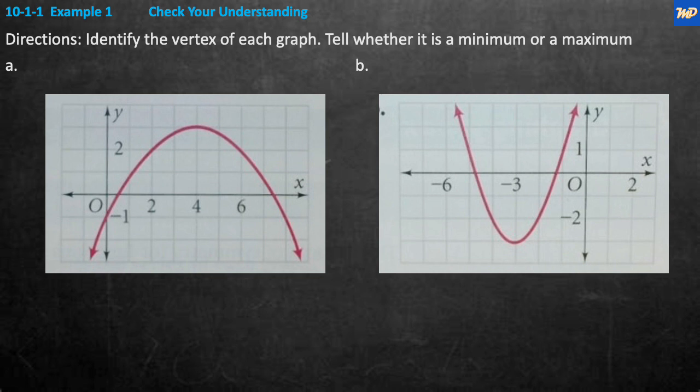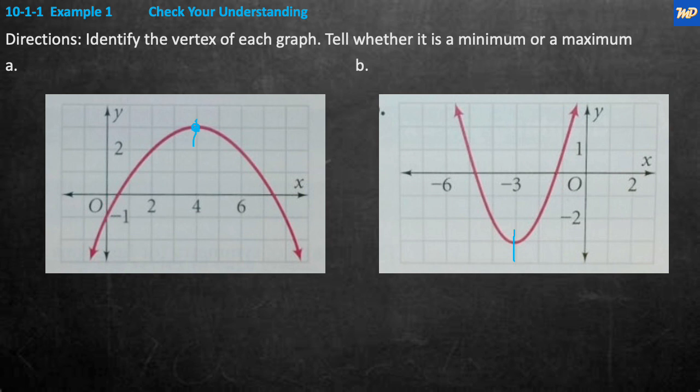So what is it? We know the line of symmetry on graph A falls right here at x equals 4. And the line of symmetry hits right here at x equals -3 on the B graph. Well, it doesn't take much to know that the maximum on A is right here where the line of symmetry crosses the graph, and that happens to be 4 and 3.